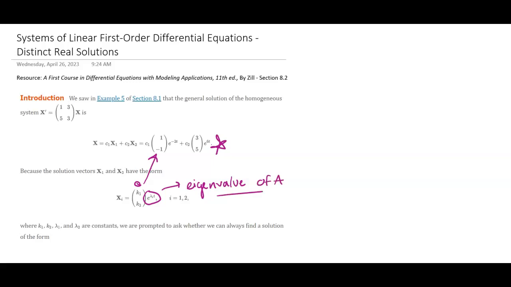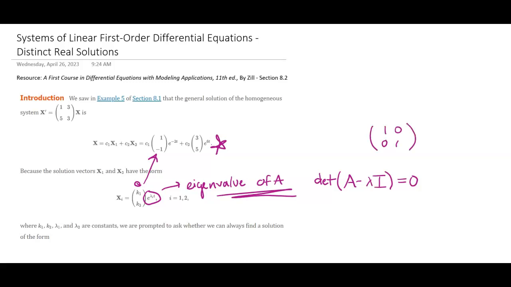And how we find this is you need to figure out the determinant of A minus lambda I and figure out when you have zeros, where I is your identity matrix.